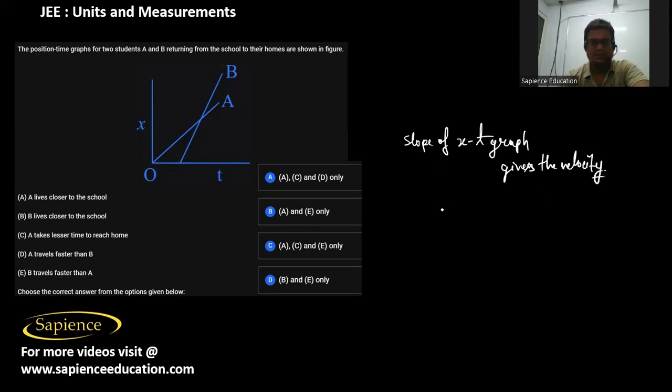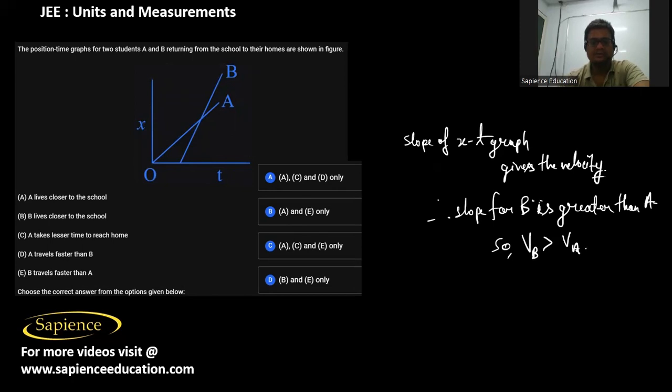Therefore here you can see that the slope for B is greater than that of A. So it means that the velocity of B is more than velocity of A. It means B travels faster than A. So E is correct. And so D is not true. D is wrong.